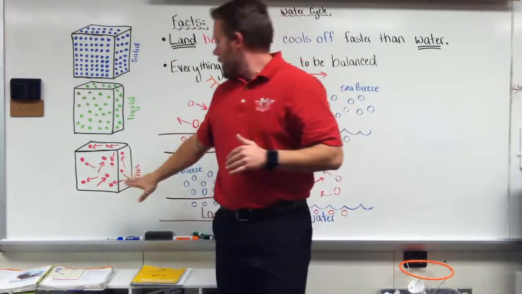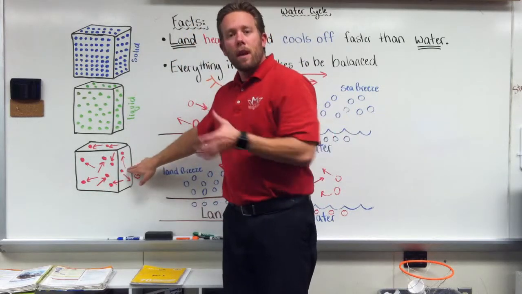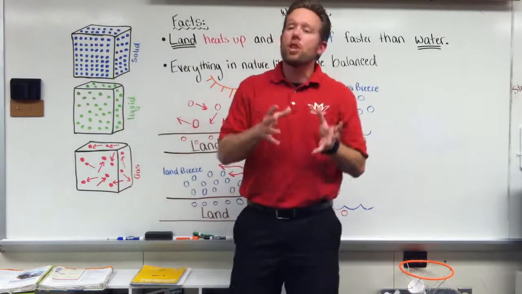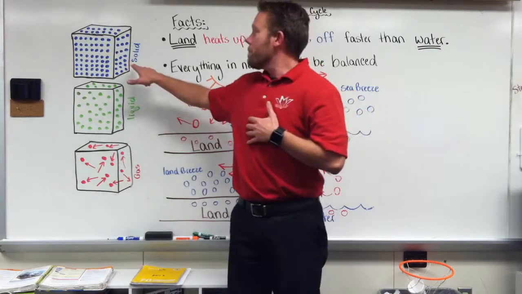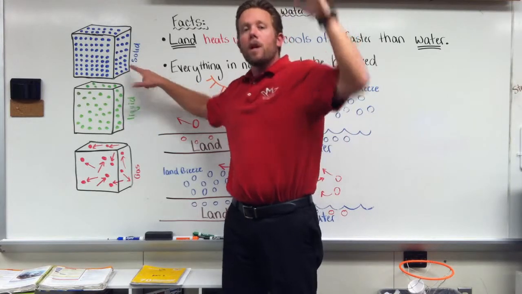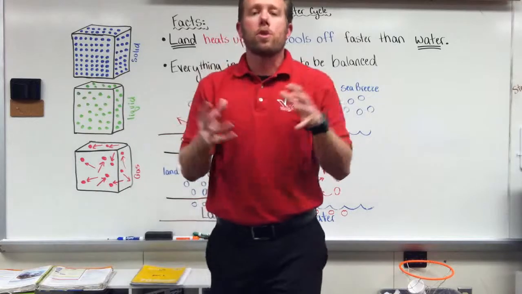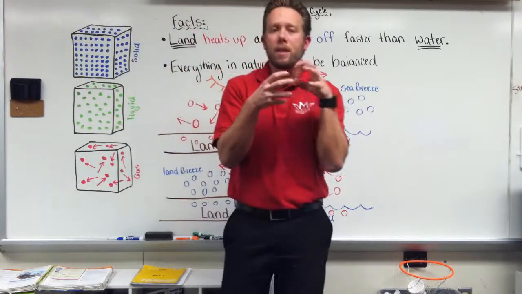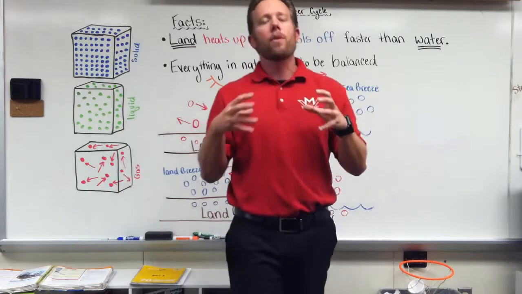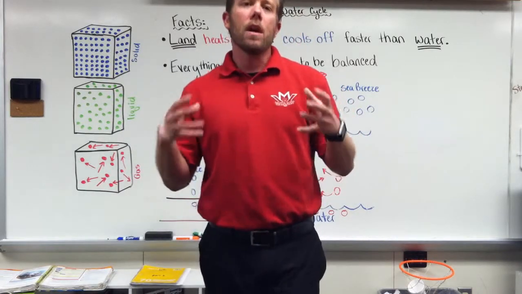So this gas, these molecules that are moving around really fast, start to slow down because the temperature is colder higher into the atmosphere. As these water molecules are slowing down, they start coming together and condensing. That's a good fifth grade way to talk about condensation.